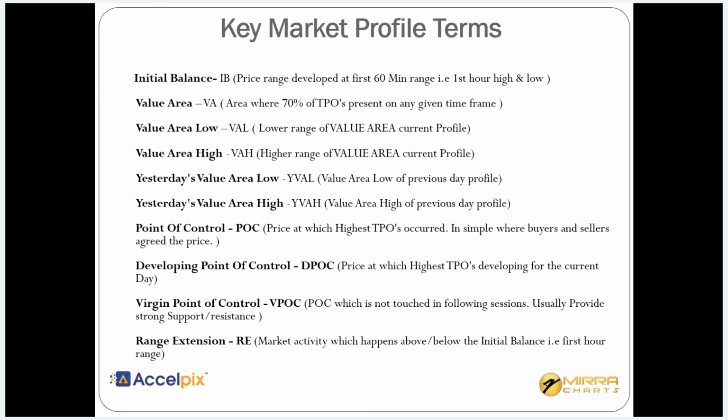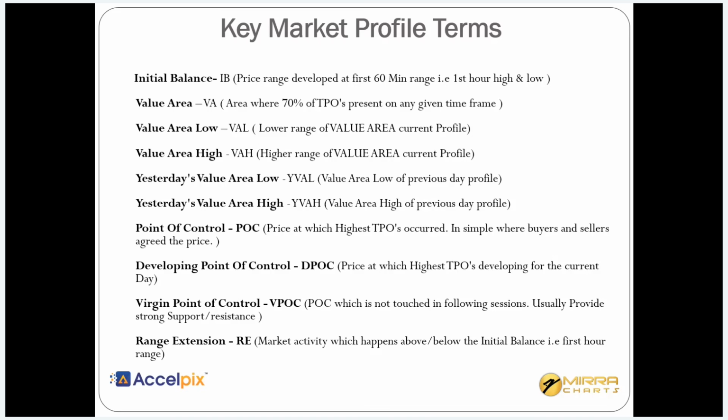Yesterday in crude, when I saw it at 4:30 or 5 o'clock, the POC was on the lower side, near 5460. Then it developed towards the higher side, 5590, towards the end. So the point of control keeps changing, dynamic rather than static.